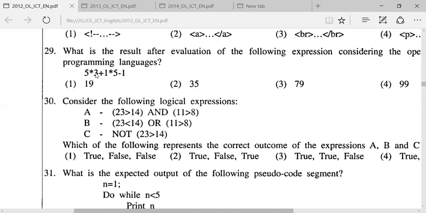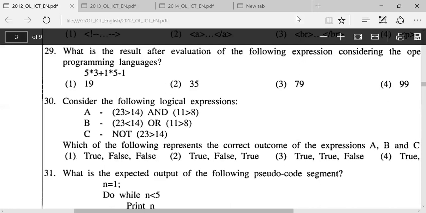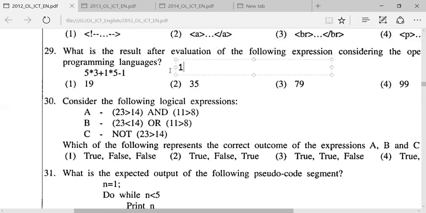So 5 into 3, which is 15, plus 1 into 5, 5, minus 1. We have to do this multiplication first, then this multiplication.